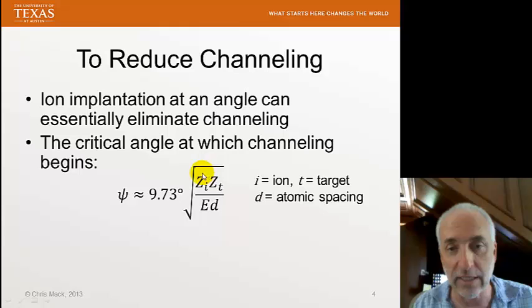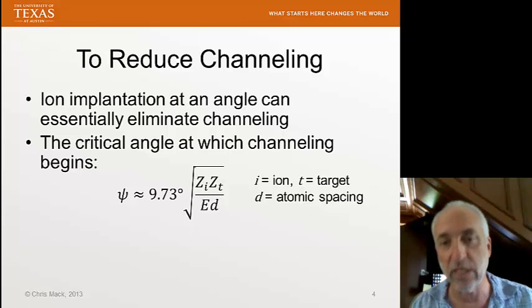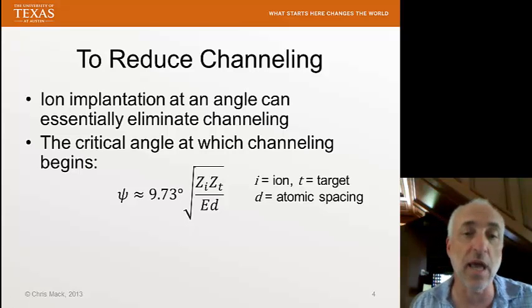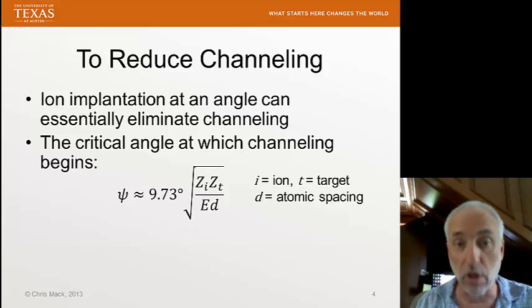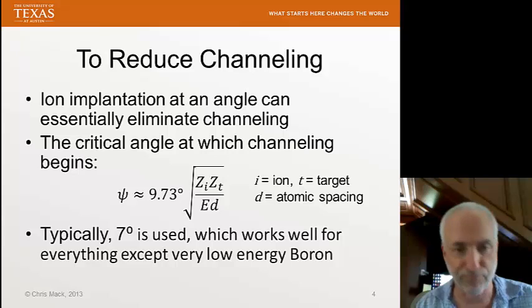Here is the Z number, the atomic number of the ion and the target. E is the energy of the ions as they hit the surface, and D is the atomic spacing, basically how big the channel is for a normally incident ion. So as long as we're greater than this angle, we won't get channeling.